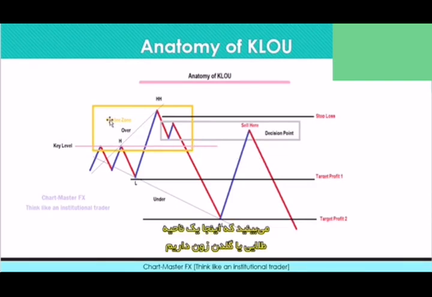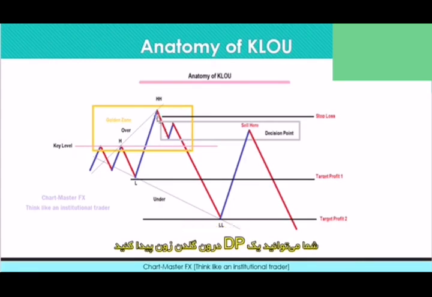You can see guys that we have the golden zone, and here in the golden zone, that's where you can place a trade. You can find some decision points inside the golden zone. Once you have a decision point that is not inside the golden zone, then that decision point is not valid.